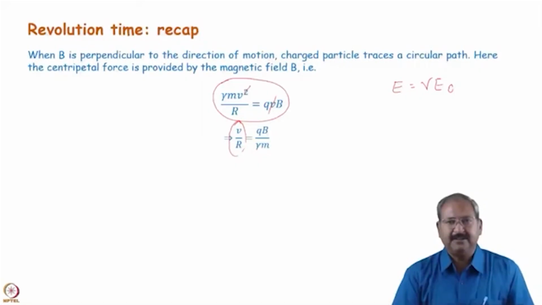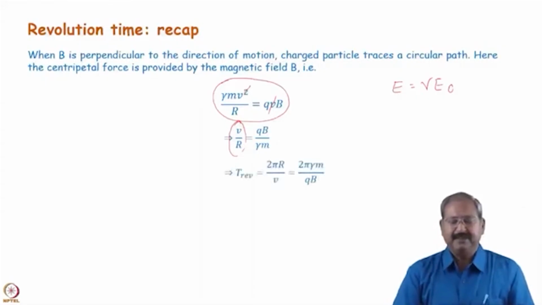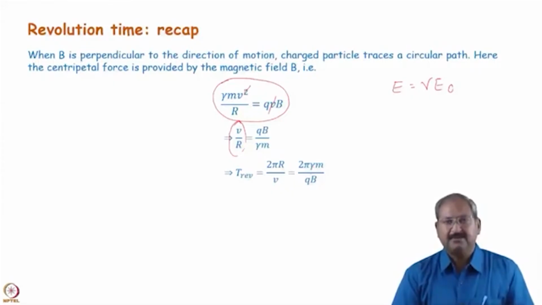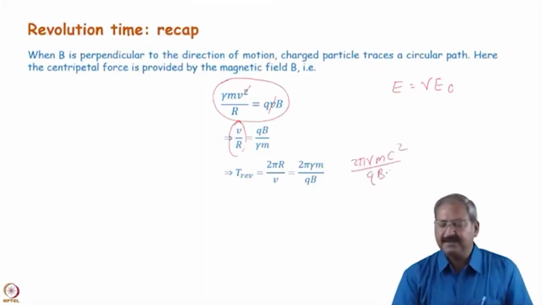Here now we will not consider gamma as a constant. Rather we will take the changing gamma into account. So T revolution will be 2 pi R by v, and this will be 2 pi gamma m by q B. This is the same formula we obtained for the case of cyclotron. The only thing was that we were considering that gamma doesn't change much. Now because we want to convert this formula into the form of energy, we write 2 pi gamma m c square upon q B c square.